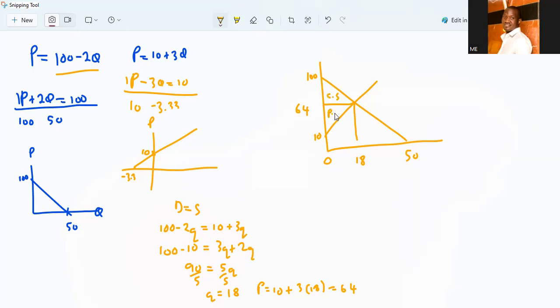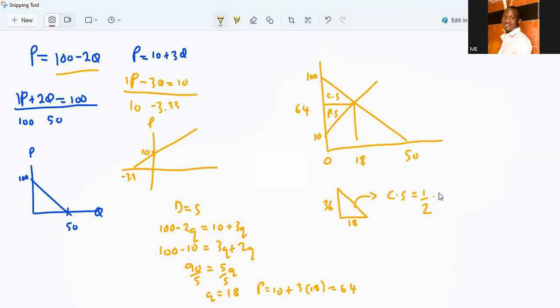Are we together so far? So when you're going to extract this, the area or the length from here to here, 100 minus 64 is 36. The length from here to here, 0, from 18 is 18. So the consumer surplus, therefore, will be half times 18 times 36.